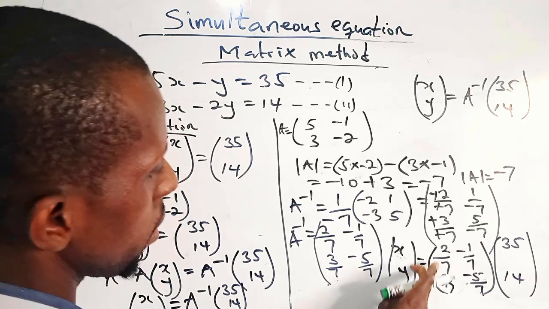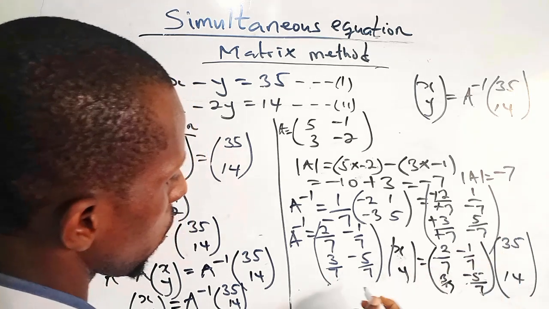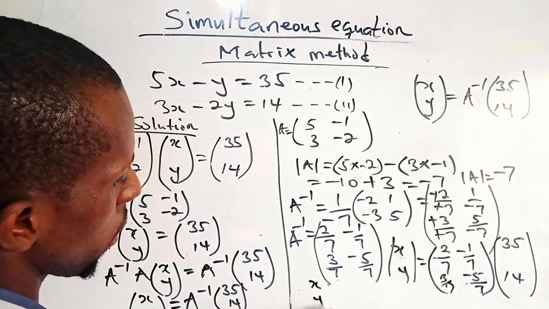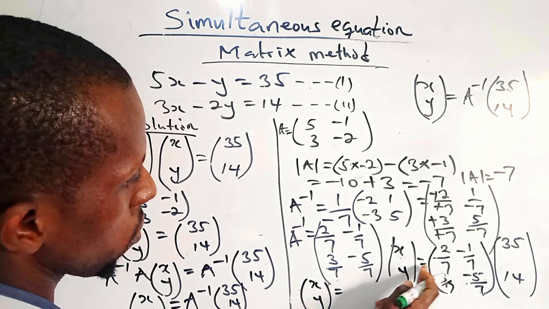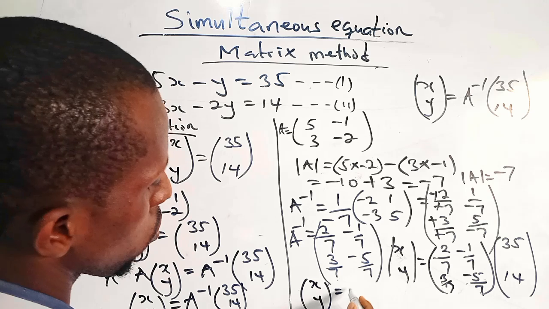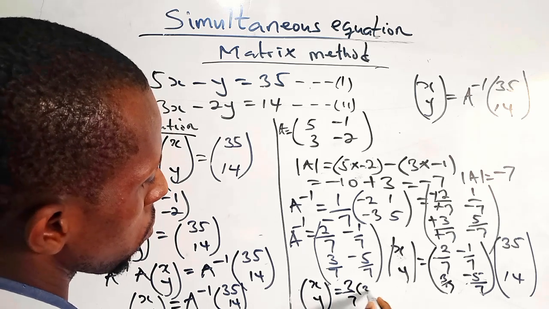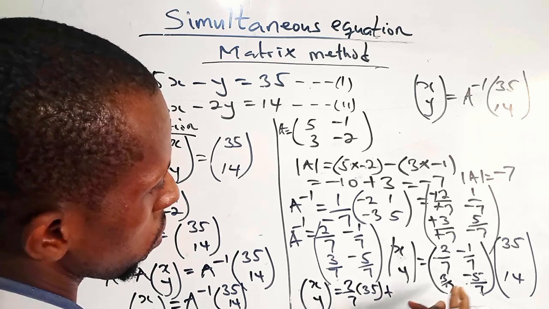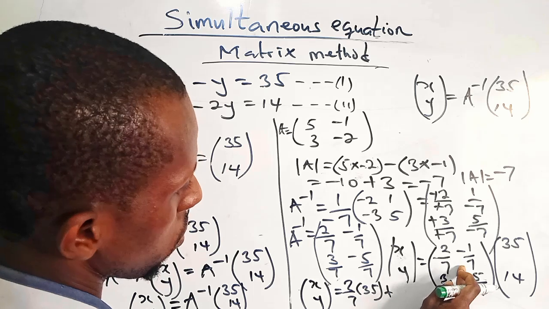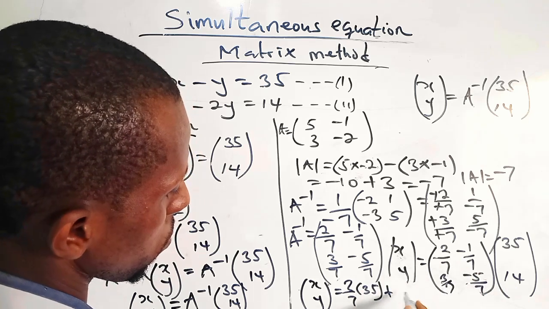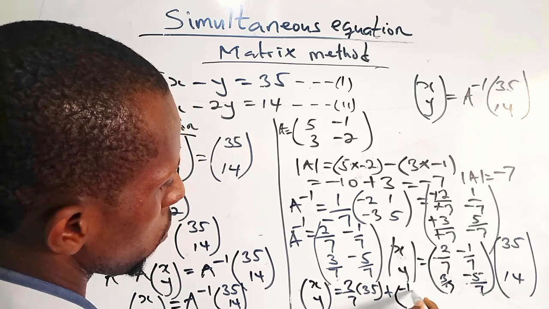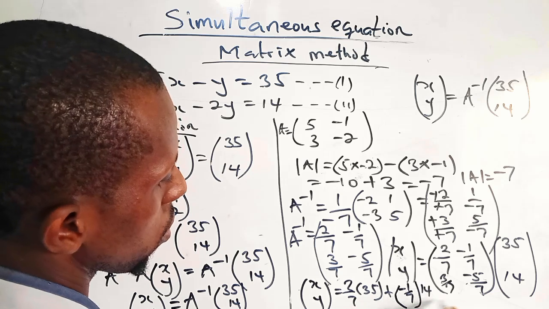When we multiply this with this, we say xy equals 2 over 7 times 35 plus, when we multiply this with 14, we have -1 over 7 times 14.